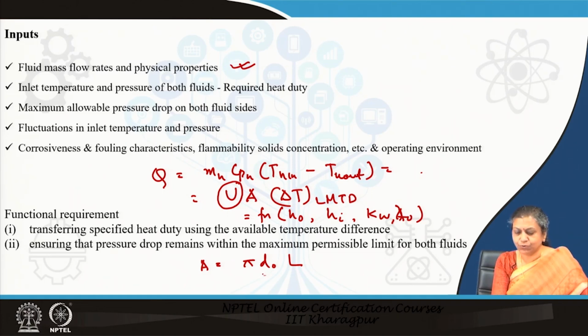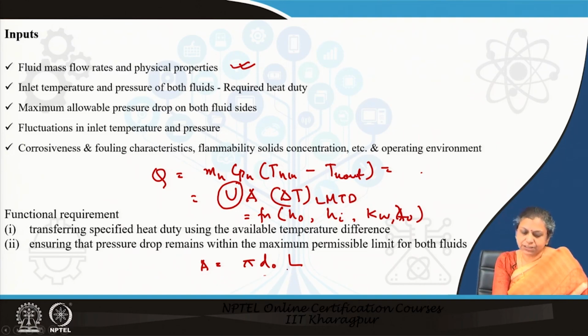But again you note, when you are calculating HO, HI, you need to know the dimensions of the piping. So, to find A you need U, and to find U you need to know the geometric parameters. So, this automatically suggests that the heat transfer design is an iterative process.